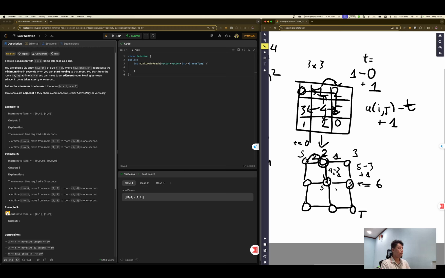Okay, so now we want to find the shortest path from A to B. You can use some algorithm like Bellman-Ford or Dijkstra. I would like to use Dijkstra, and this problem has n and m not greater than 50.